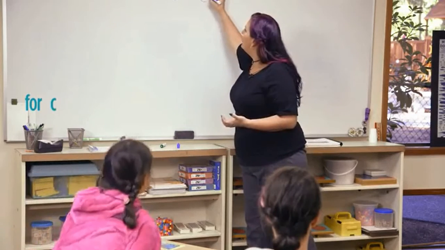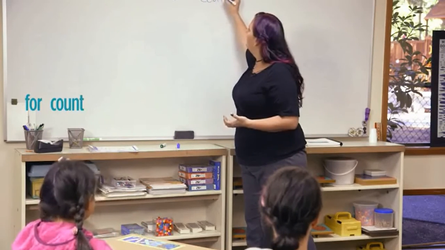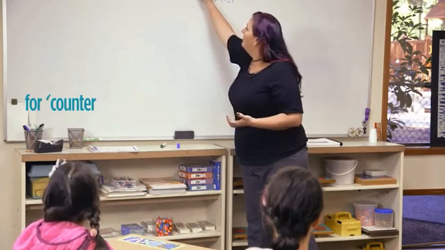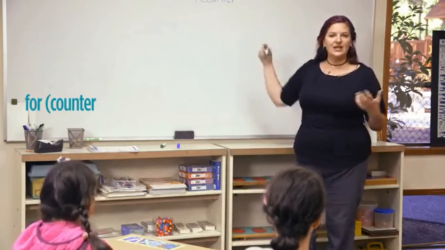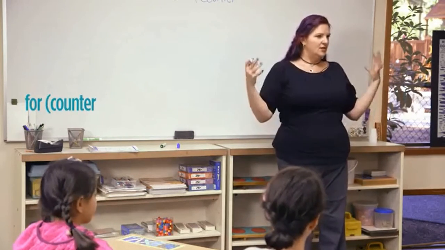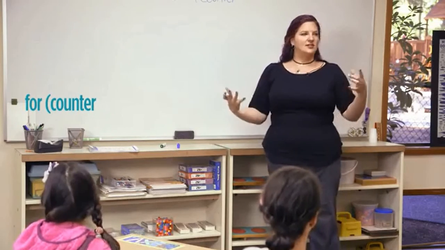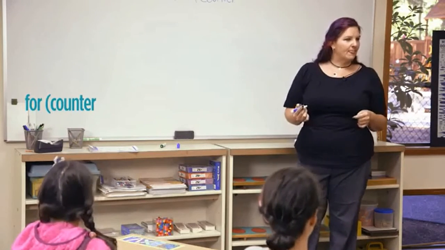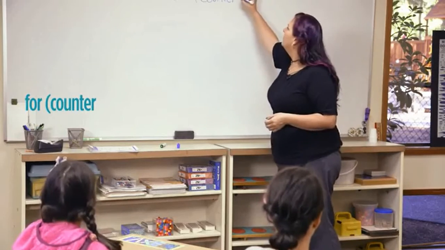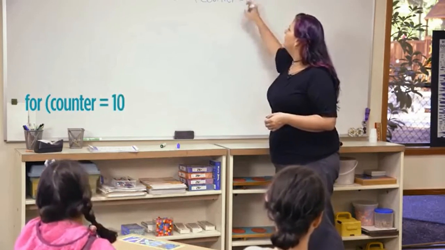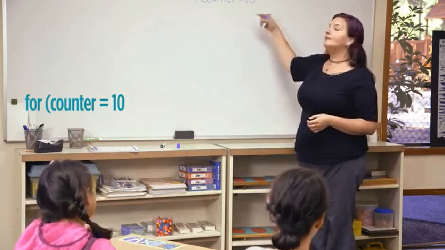We're going to say for our counter, and we get to say where it starts. So where do we want our counter to start? Yeah, start at 10. So we're going to have it start as equal to 10.